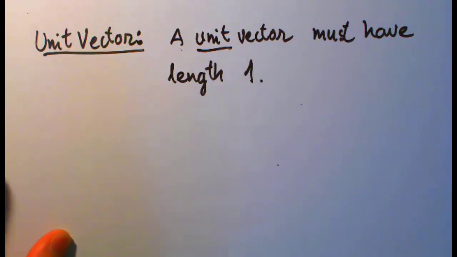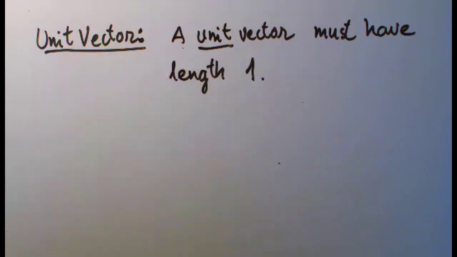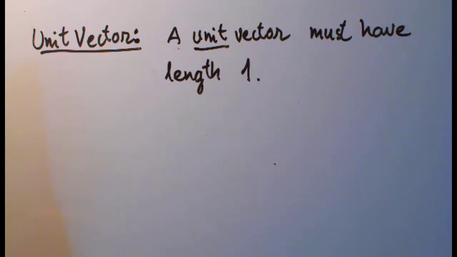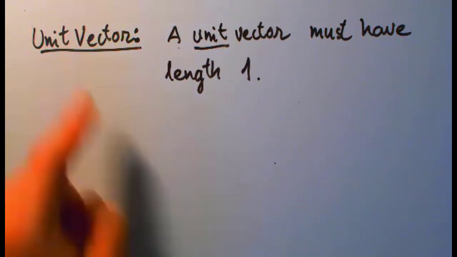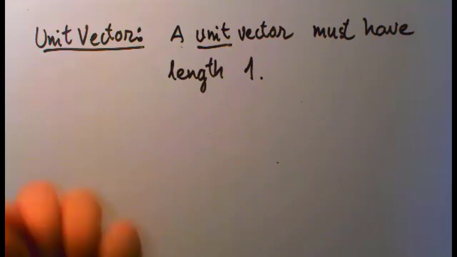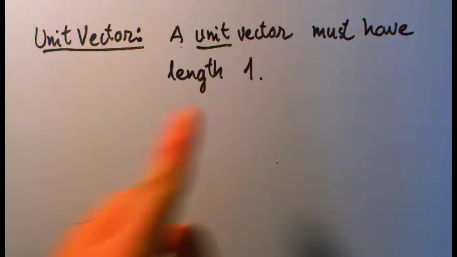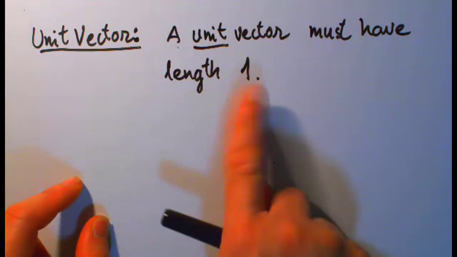It's a need, it's a desire that sometimes comes straight to us, and so we give a fundamental definition that a unit vector is just any vector pointing in any direction, but it must have length 1.